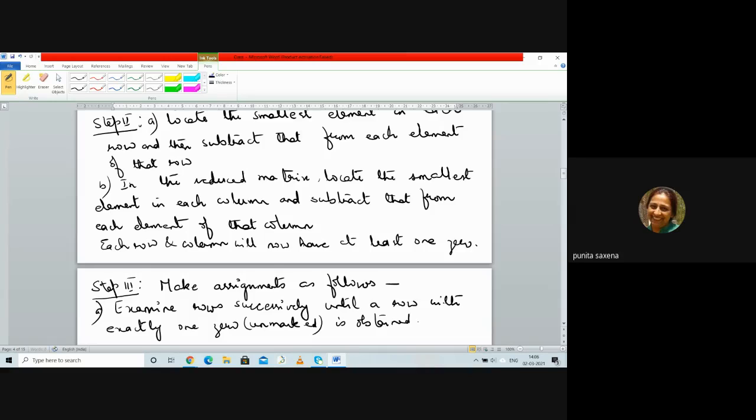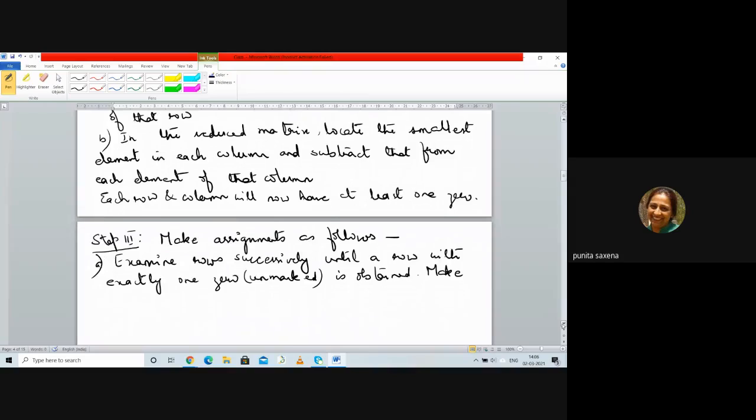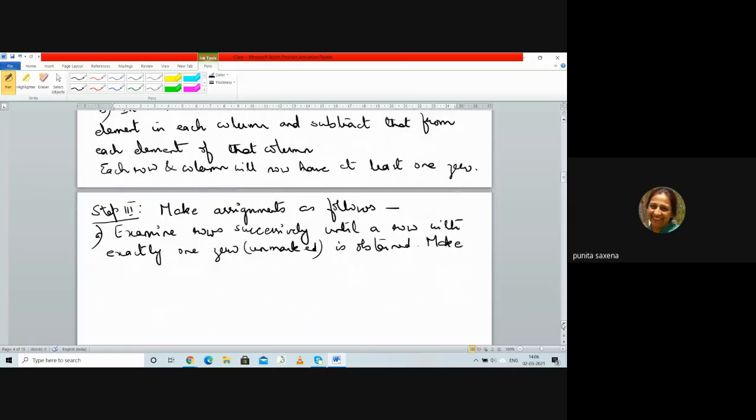Okay. Now what we do is we make an assignment. I mean, wherever there is only one zero. See, this amounts to saying if I have a row with exactly one zero, that means for that particular worker, there is only one option where a job can be assigned. I mean, in whichever column that zero is occurring, that becomes the job. That means there is no other option possible.